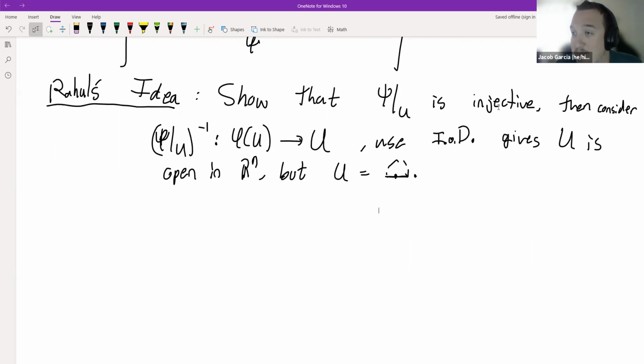So for example, I can embed a circle into R2, but open subsets of the circle are not open in R2, right? Right. So you do need to use the fact that the image of this open set U is open in Hn. That's vitally important to the problem.